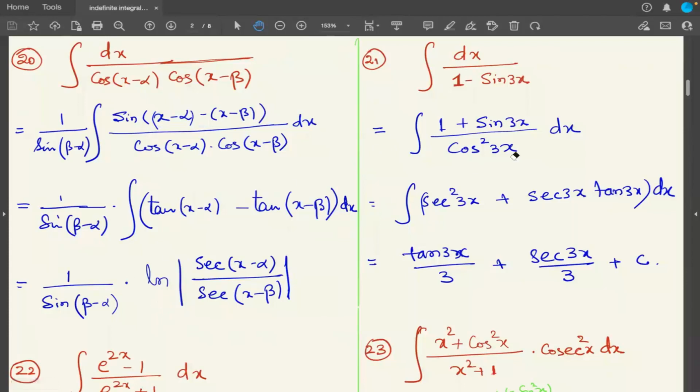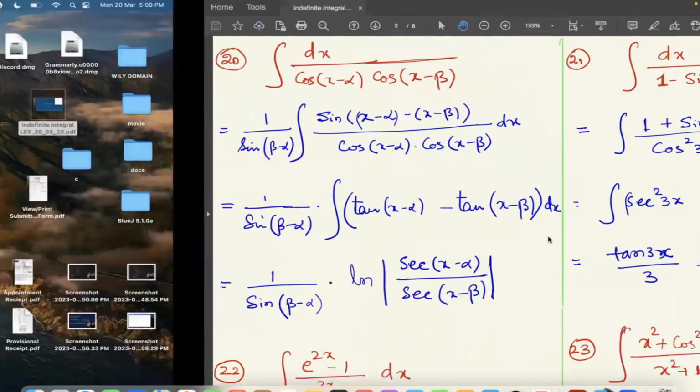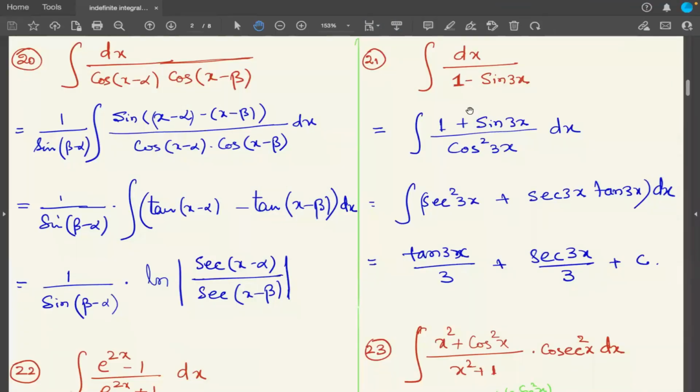Now we move to the second problem, which is the integral of dx by 1 minus sine of 3x. This is a complex function with nothing given in the numerator. To approach this, we multiply numerator and denominator by 1 plus sine 3x.